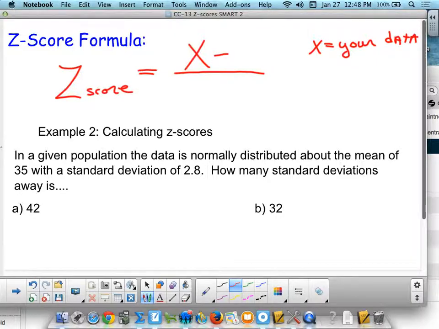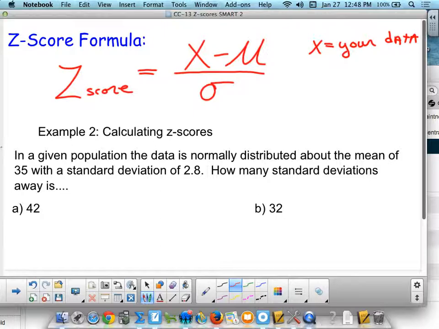Then you subtract mu. Mu is simply the average of the population. And then divided by sigma, the standard deviation. So this is really simple. You take whatever your score is, x, take away the average test score, and divide by standard deviation.